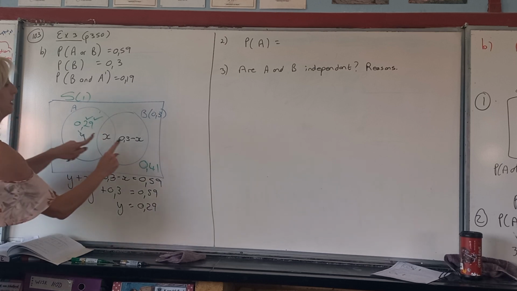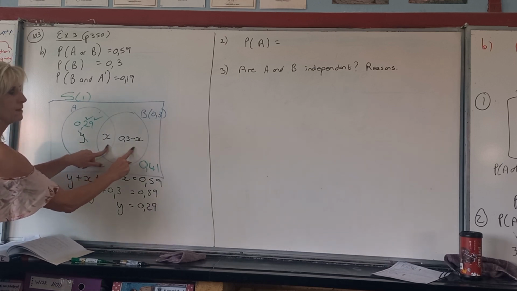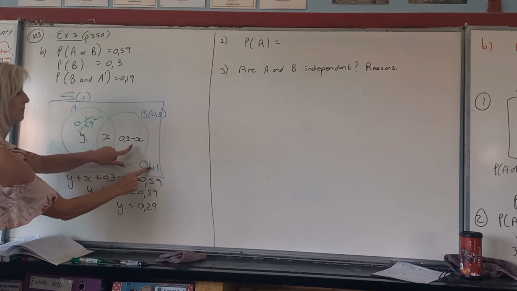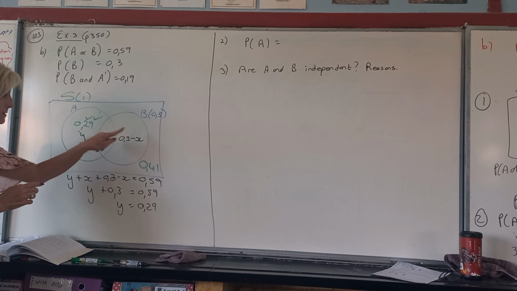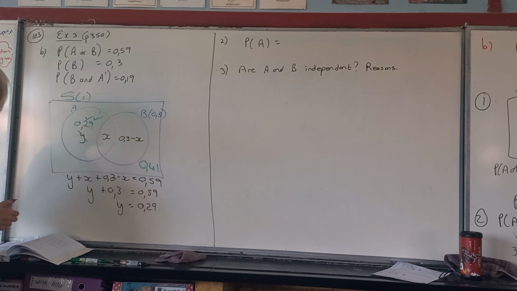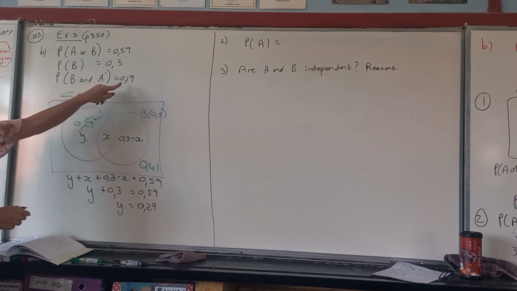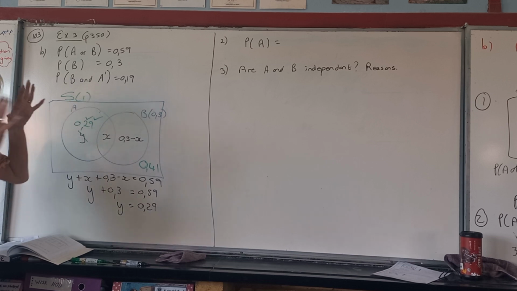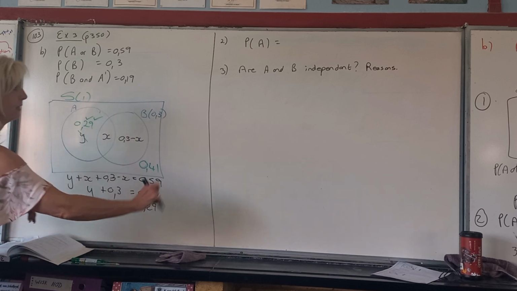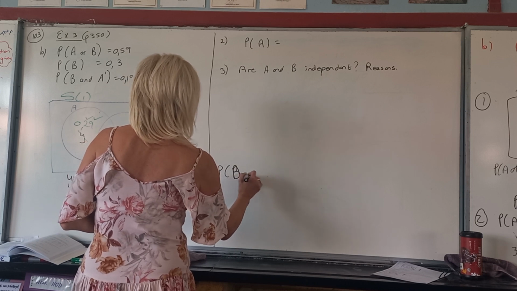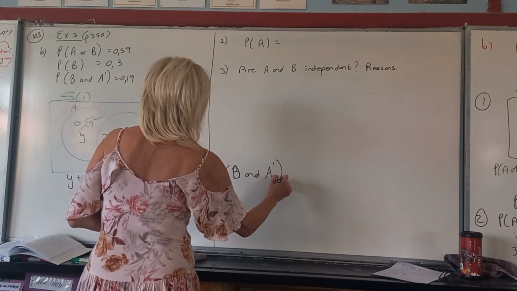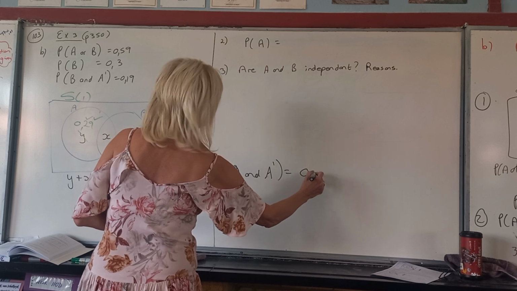This is B. This is not A. Where's my hands both times? 0.3 minus x. That's the whole thing about and. So B and not A is equal to 0.19.